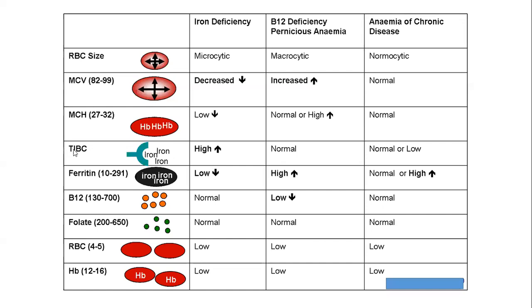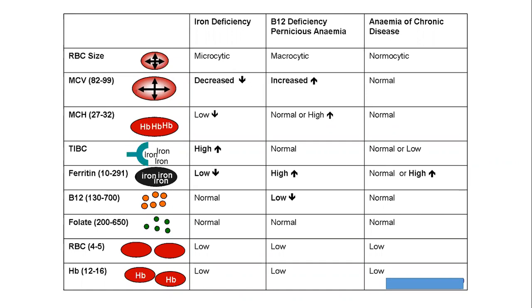What is TIBC? TIBC means total iron binding capacity. It is a test that measures the blood's ability to attach itself to iron and transfer it around the body.